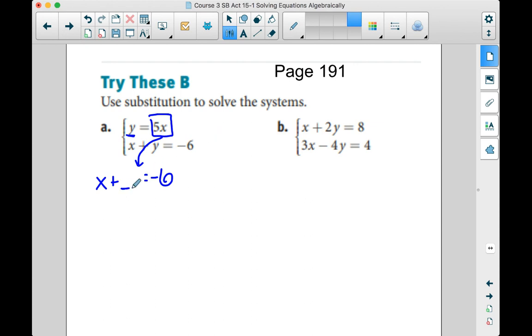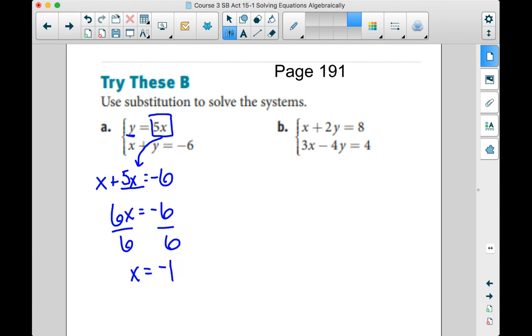So I'm going to say x plus 5x equals negative 6. All I did was substitute out my y and put in the expression that is the same value as y. So x plus 5x gives me 6x, which equals negative 6. If I divide out my 6, divide out my 6, x equals negative 1.